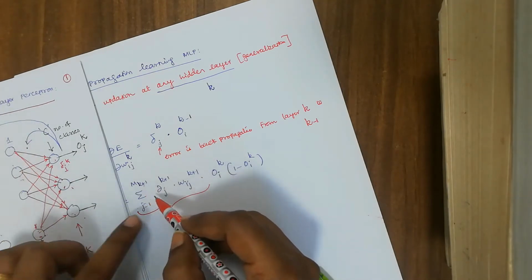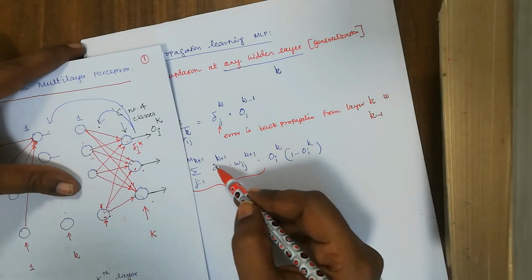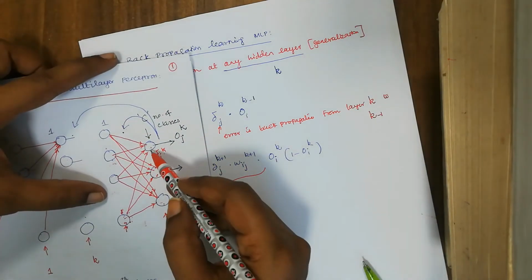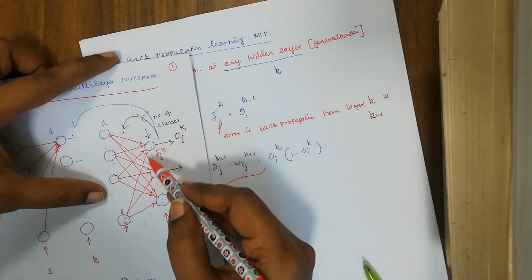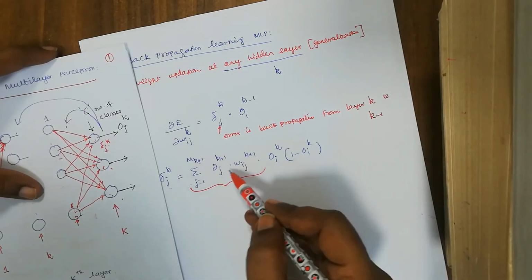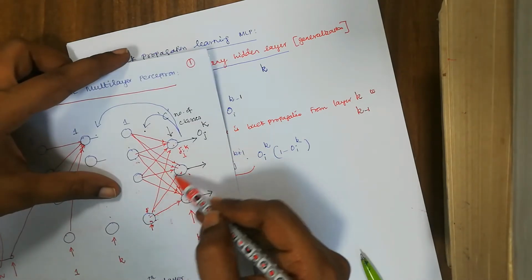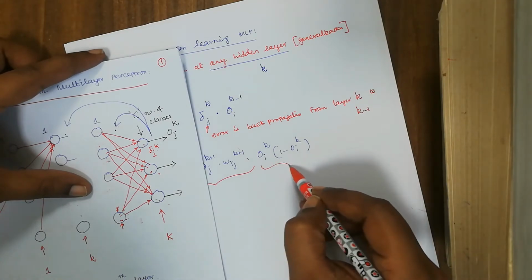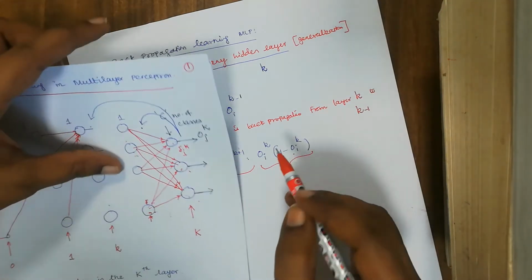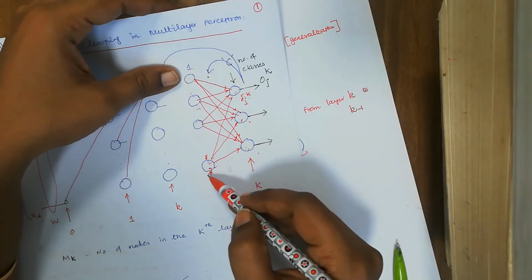Whatever error is obtained at the next layer is represented as del j k plus 1. The error obtained at every node gets summed up. This summation is multiplied with its corresponding weight, and then it is multiplied by the local derivative of the sigmoidal function.